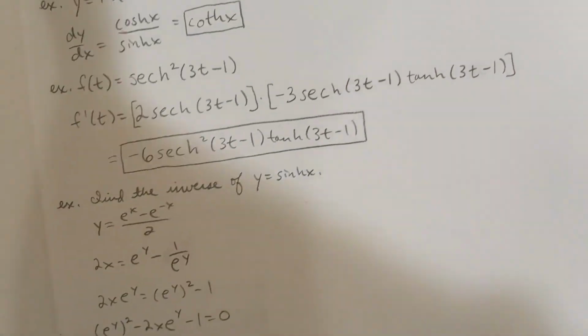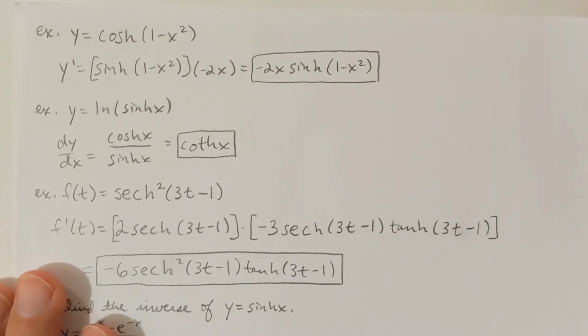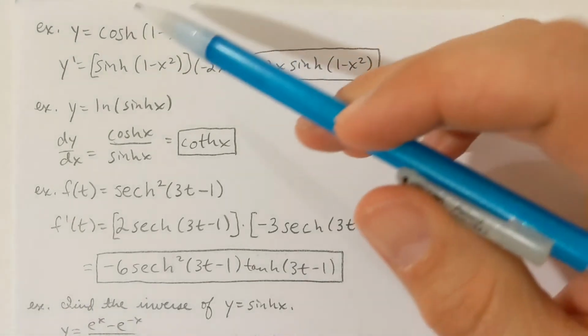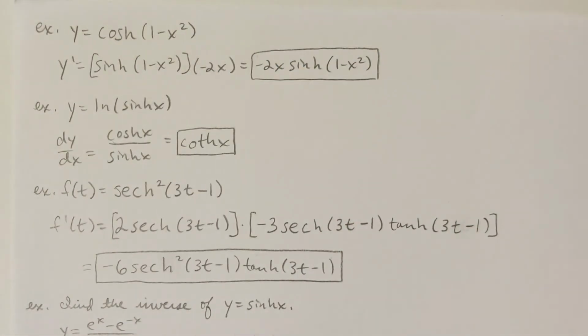So suppose that we have y equals hyperbolic cosine of 1 minus x squared, and I want to take the derivative. Well, that's going to be a chain rule. So 1 minus x squared is inside of the hyperbolic cosine function.